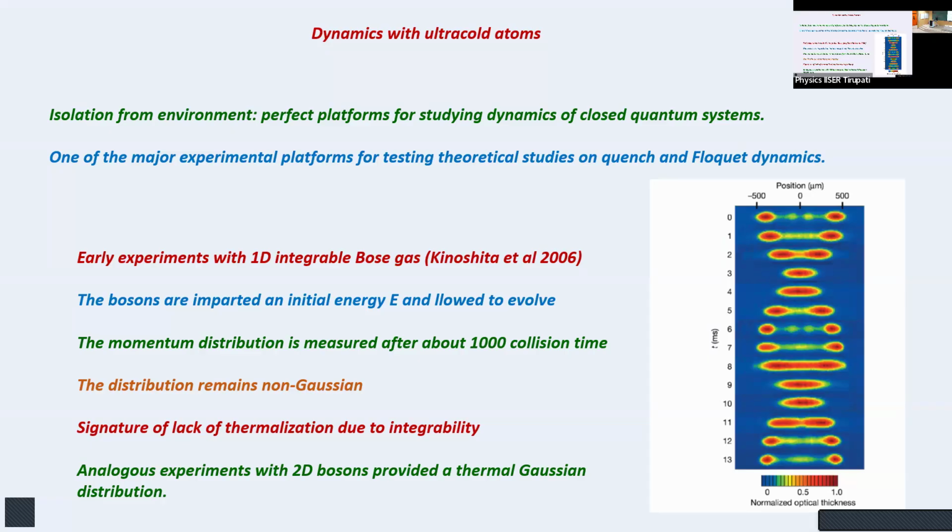But now I take this trap and shift its center. What this means is that I now have something like this. So for the bosons, it is the original trap minus a linear term. This is just a constant, forget about it. But this, you see, is roughly like an electric field.